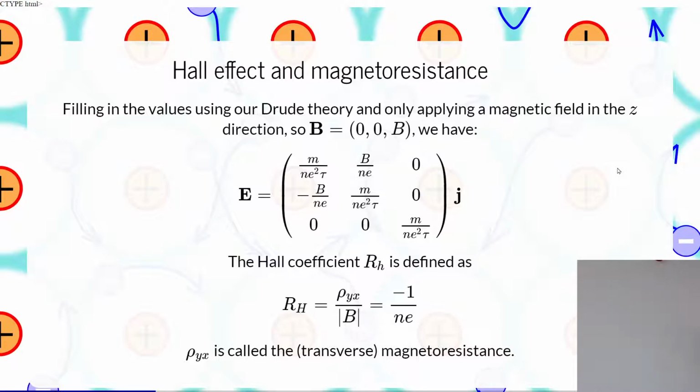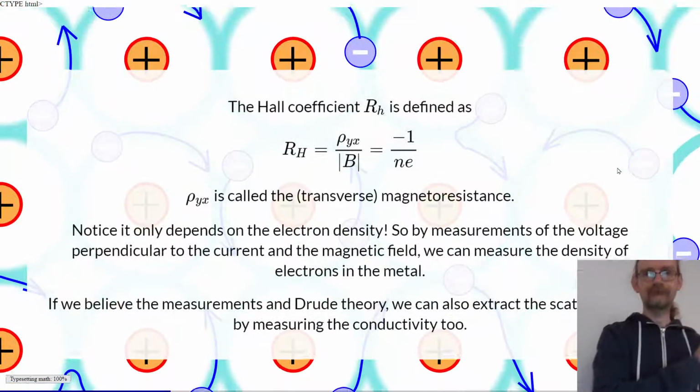So by doing this series of measurements, a DC electric field and then a DC magnetic field in the right geometry, we can measure the electron density independently from other things in this model. Then once we've got the electron density, we can work out the product of the electron density and tau, so we can extract what tau is in our model. So then we've got our parameter for our model, and we've got the electron density in the metal, and we can see whether they make sense.